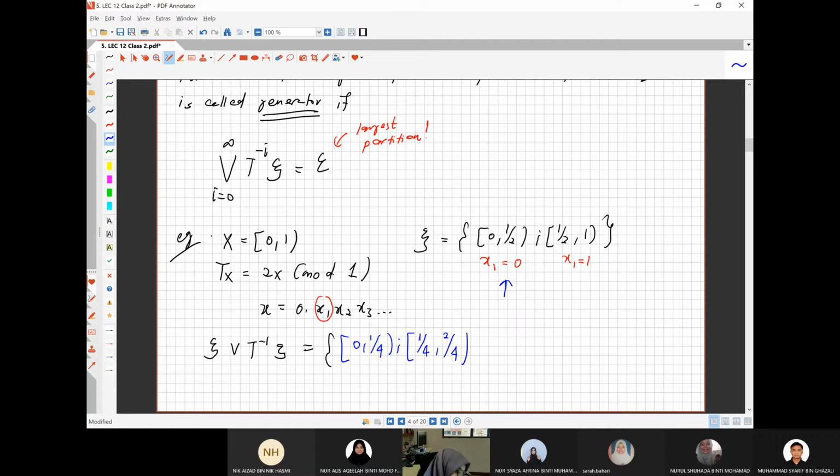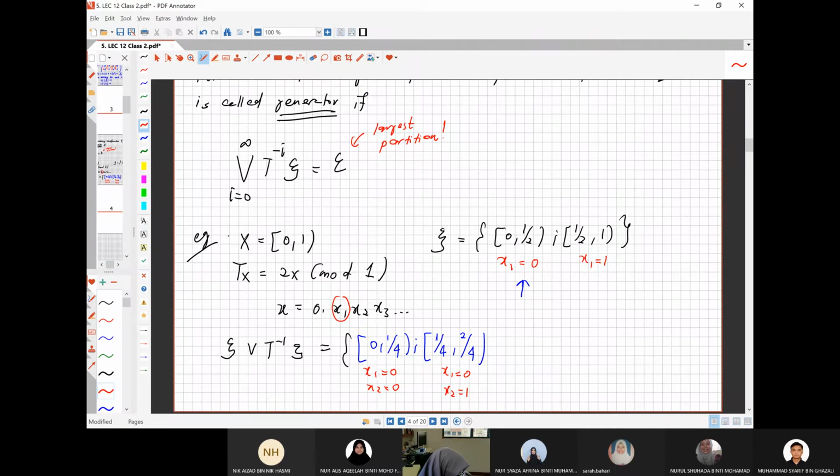So for this case, you will get x1 is 0, x2 is 0 for this position. This one x1 is 0, x2 is 1. Now if you write more for this one, you can have 2 over 4 to 3 over 4, until 3 over 4 to 1.